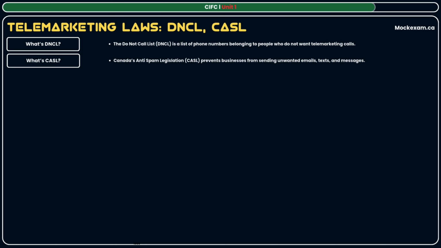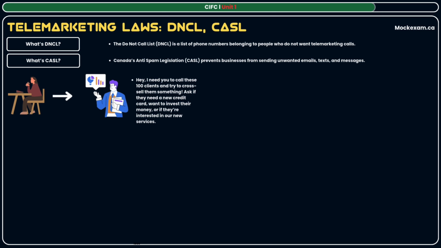Let's dive deeper and describe these two telemarketing laws with a scenario. Let's say you work at a bank. You are in your office at 10 a.m. with a coffee in hand, enjoying your coffee. And your manager comes in and says, "Hey, I need you to call these 100 clients and try to cross-sell them something.